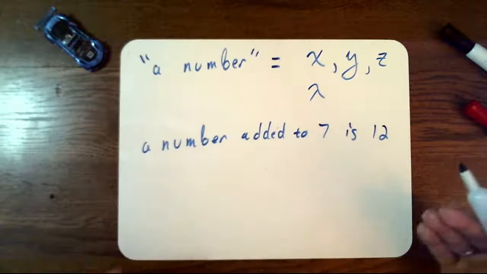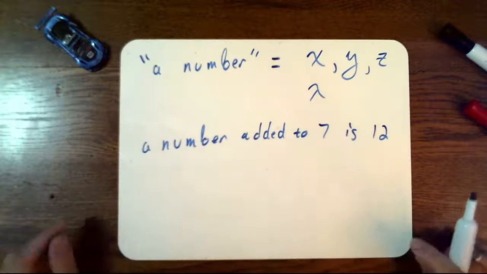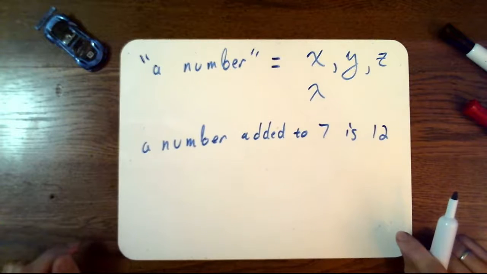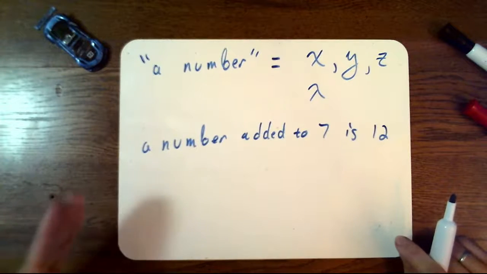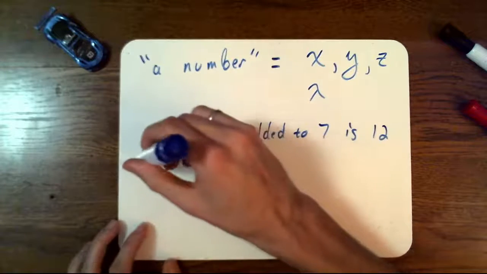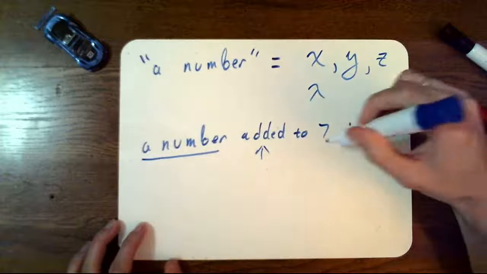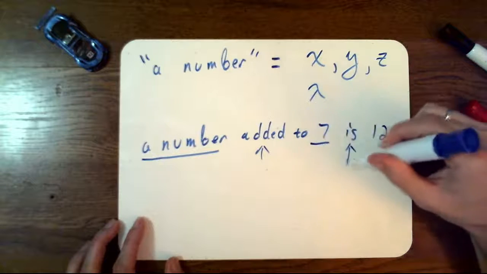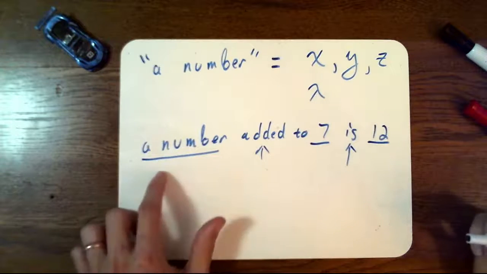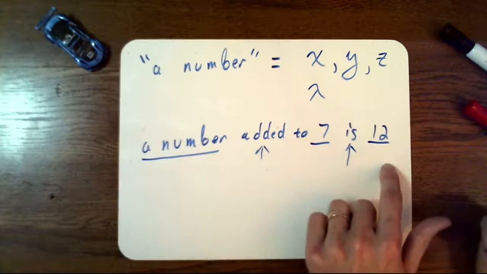So you want to think about what pieces you have. Just like our algebra problems before, you always want to start with what pieces you have. So here's a piece, a number. This is going to be important. Added to 7 is 12. So we have 3 pieces, a number, 7, and 12.